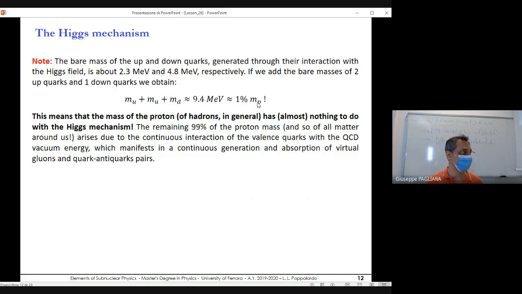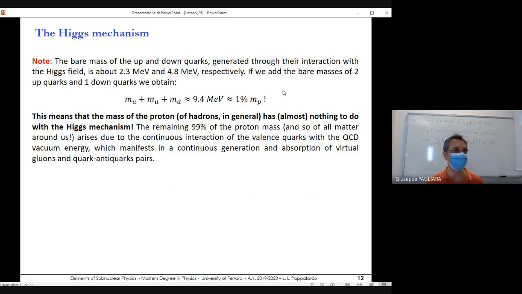And this is really remarkable. This means that 99% of the mass of the proton, and so 99% of the mass of atoms and molecules and matter and the universe, does not arise from the Higgs mechanism. The Higgs mechanism provides the masses of the elementary particles only, but the proton, which is the core of atoms, molecules, and matter in general, is 99% made by something else. And this something else we already studied, which is the QCD vacuum.